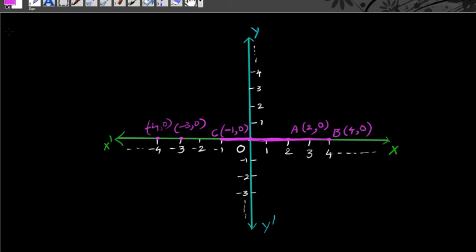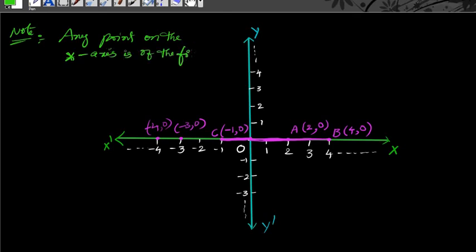So observe one note point here. Any point on the x-axis is of the form a comma 0. What is the form? Some a comma 0.